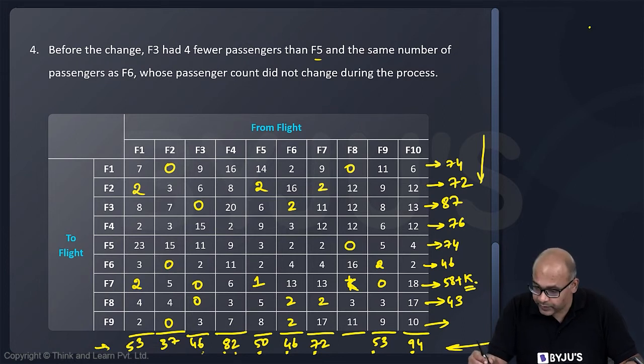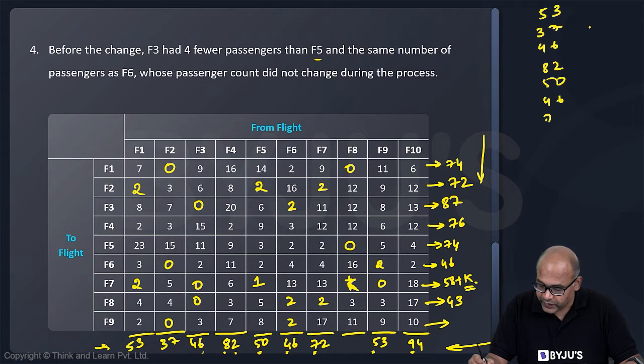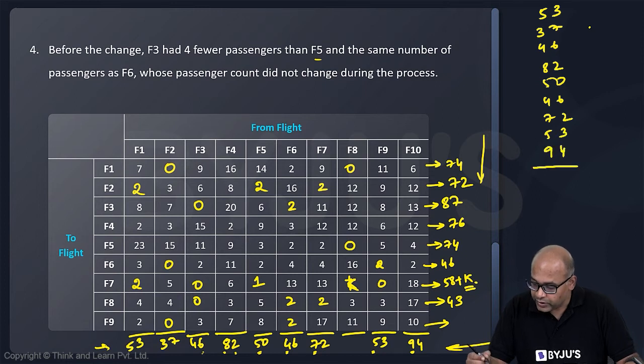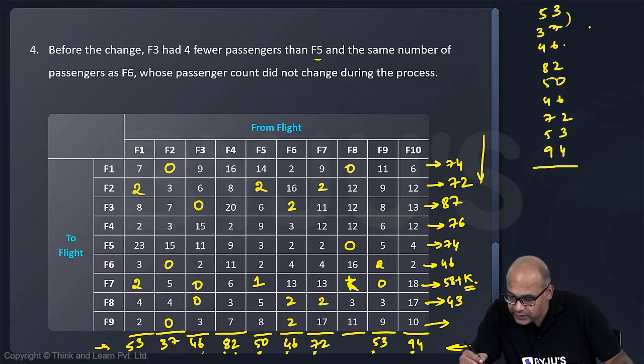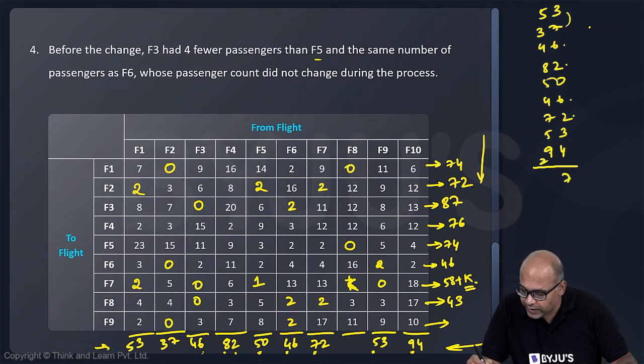I think I messed it up. Let me write down 53, 37, 46, 82, 50, 46, 72. Oh yeah, I missed writing the vertical column. So 53 and 94. So if you add this, there should be 10, 16, 18, 20, 26, 27, 29, 10, 11, 16, 24, 28, 29, 33, 41, 45, 48, 49, 50, 53.